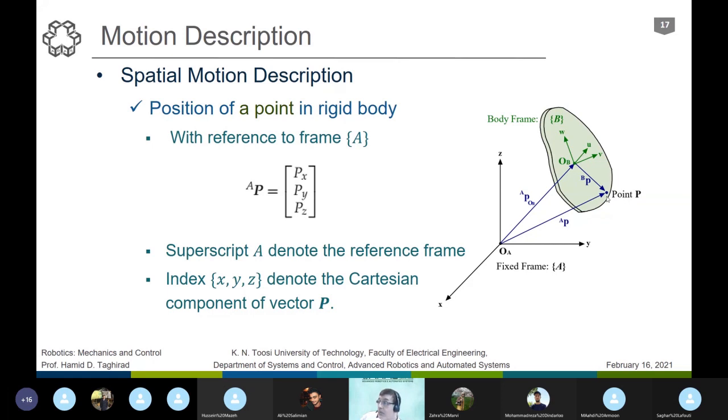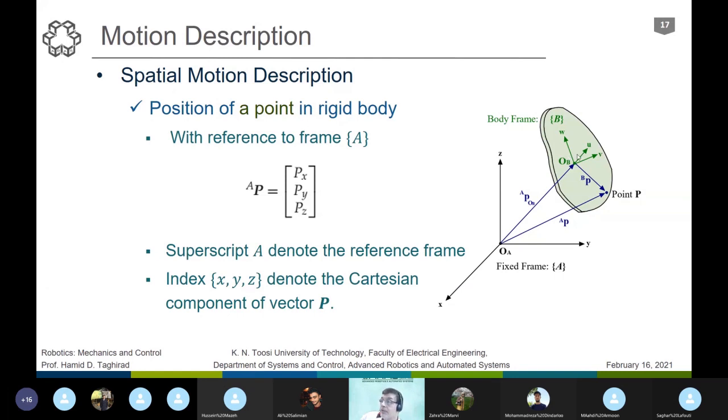Of course, this point P can also be represented in a moving frame. That is much easier because it is a point embedded in the system. We are considering it from this position, which gives us a relative position, not an absolute position.